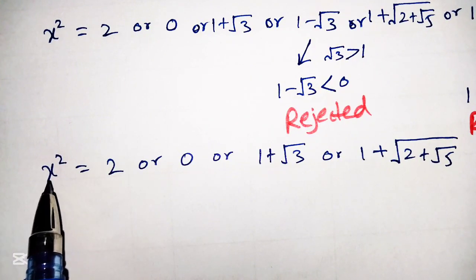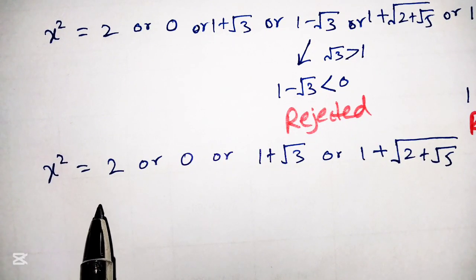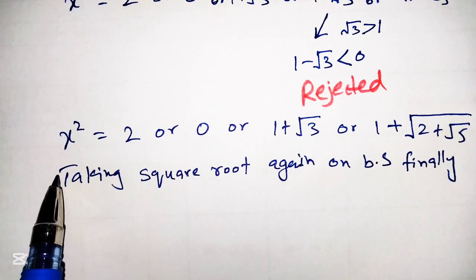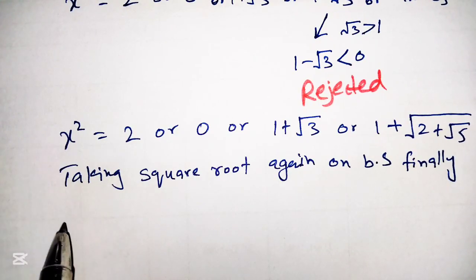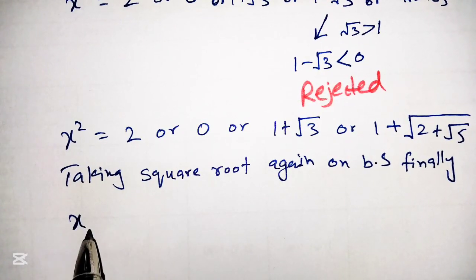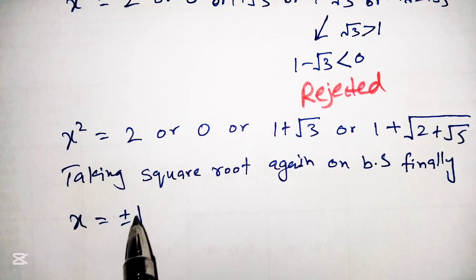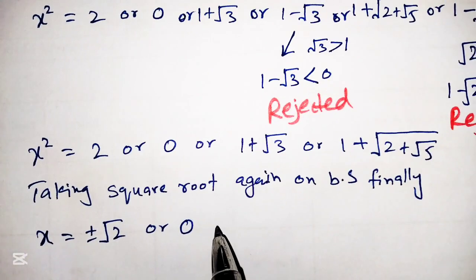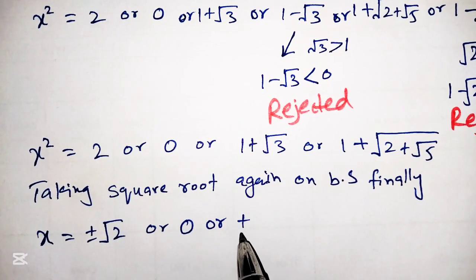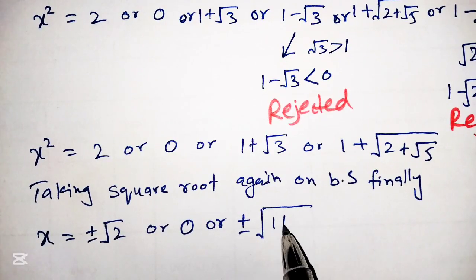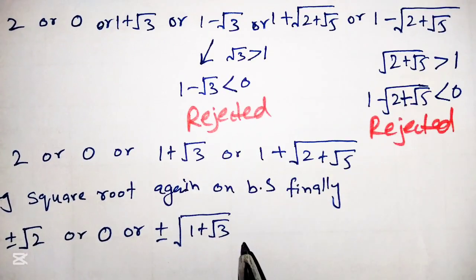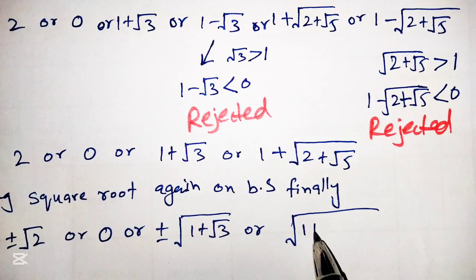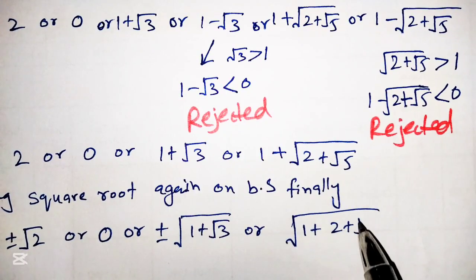and now it is time to eliminate the final square on the left hand side, and we will take square root finally again. So when we take square root on both sides, this square is eliminated, and on the left hand side we get x is equal to plus minus square root of 2, or the square root of 0 is 0, it remains as it is, or from this we will get plus minus square root of 1 plus square root of 3, and from this we will get plus minus square root of 1 plus square root of 2 plus square root of 5.